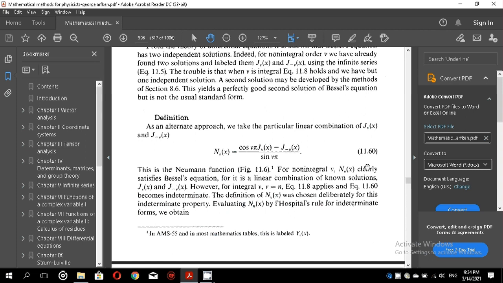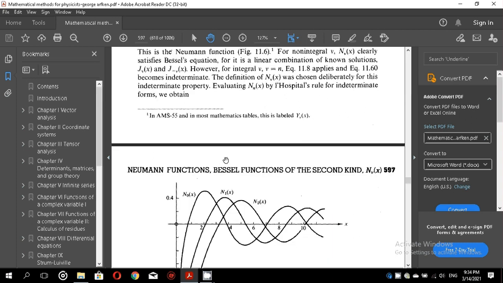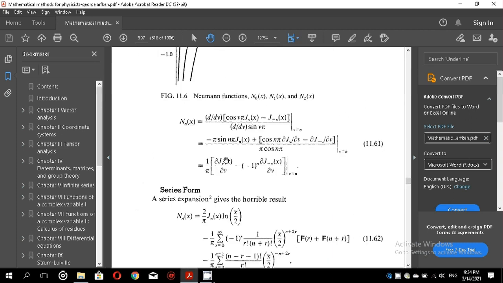However, for integral nu, that is nu is equal to n, equation 11.8 will apply and equation 11.60 becomes indeterminate. So what we have to do now to find the limiting value of the Newman function for integral nu, we will have to differentiate both the numerator and the denominator with respect to nu, and then put nu is equal to n.